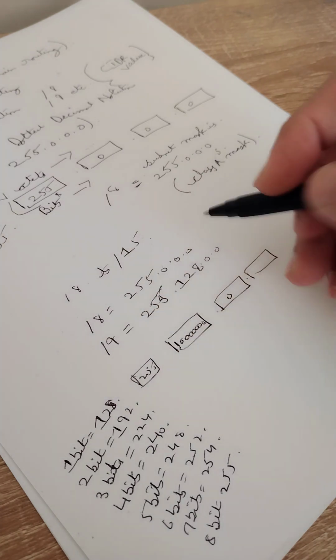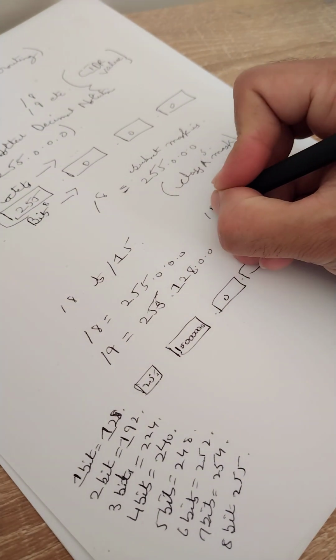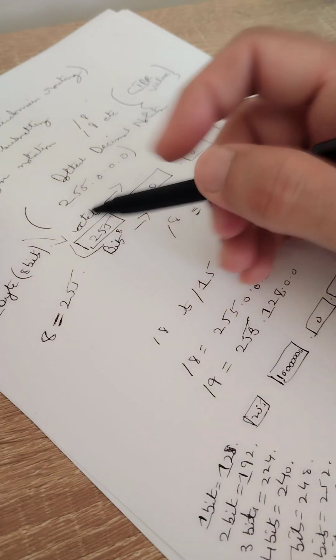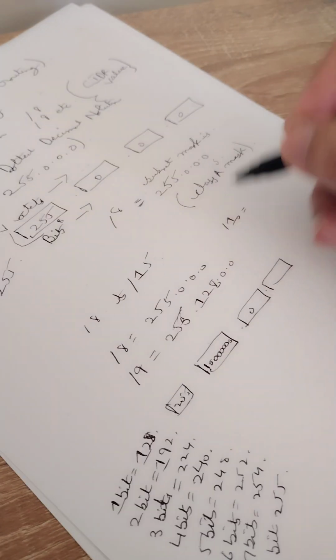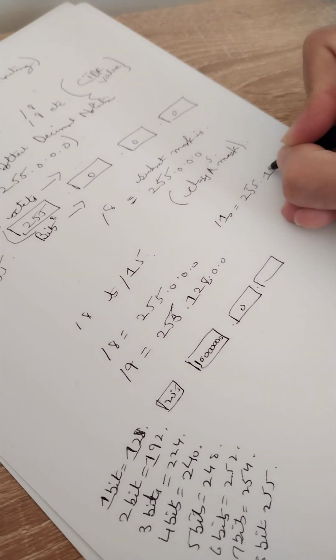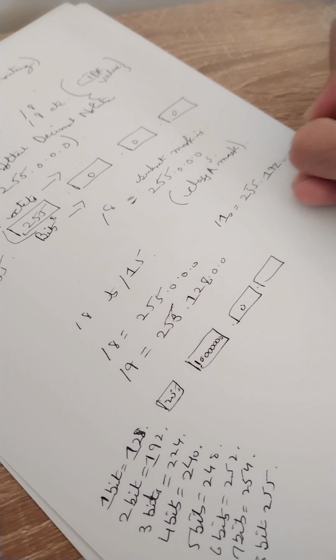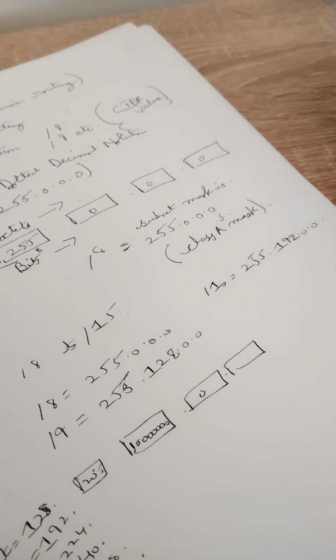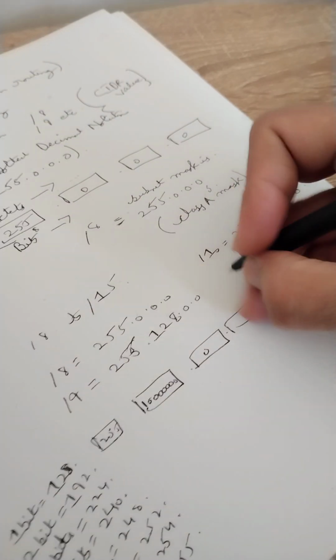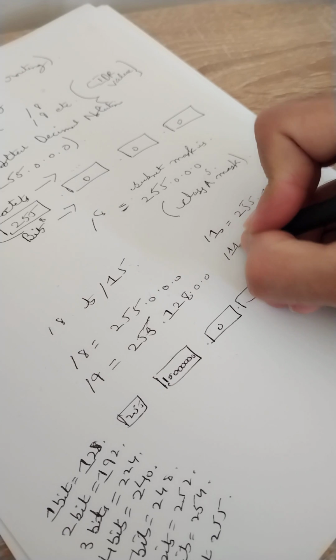Similarly, when we do /10, it will occupy 2 in the second octet here. So 192.0.0. We have 2 bits on here, and then you go to /11.